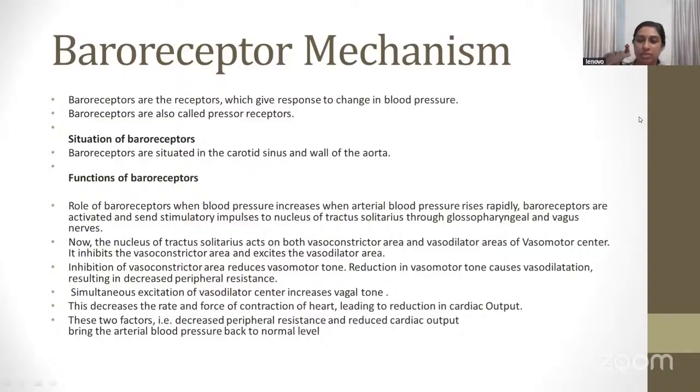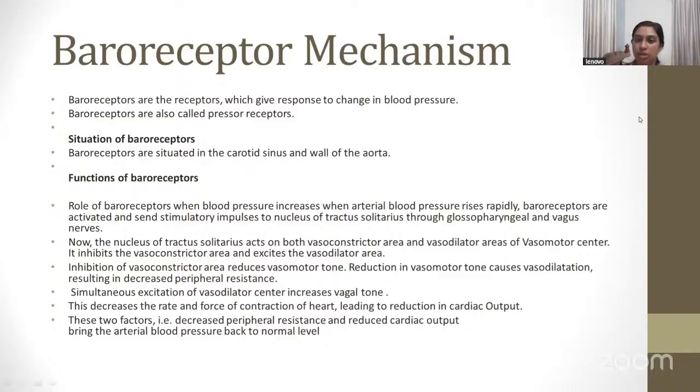When the blood pressure is high, the baroreceptors are activated, sending impulses to the nucleus of tractus solitarius. And this nucleus will act on the vasomotor center, which has 2 components, a vasoconstrictor area as well as a vasodilator area.